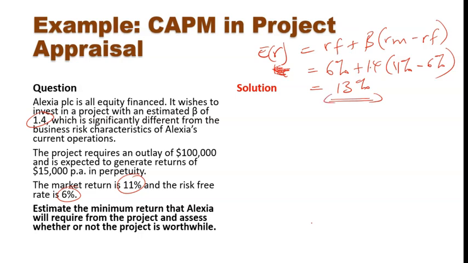From this we then have to determine the NPV. We need to draw up an NPV table. We start with the years, the cash flows, discount factor at 13%, because we've determined 13%, then PV.